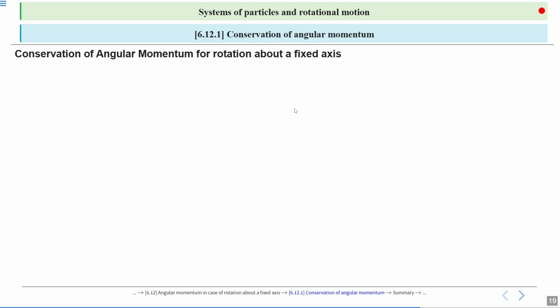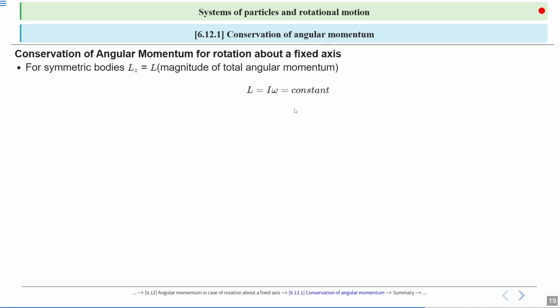Conservation of angular momentum for rotation about a fixed axis. For a symmetric body, Lz is equal to L, the magnitude of the total angular momentum. This is for the symmetric body. And mathematically we can write L is equal to I omega is constant.